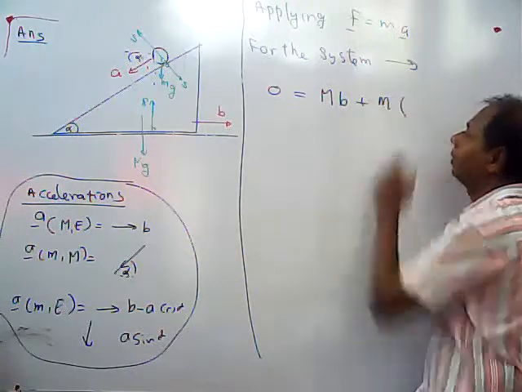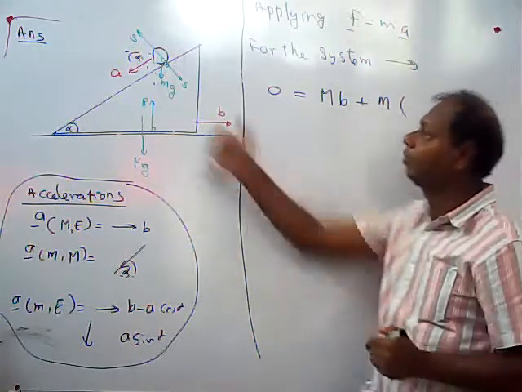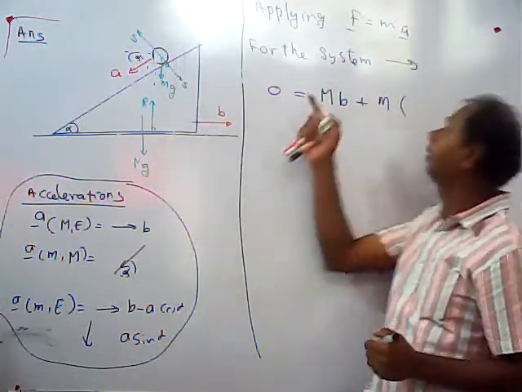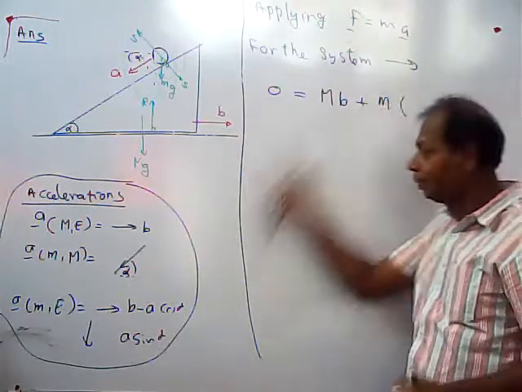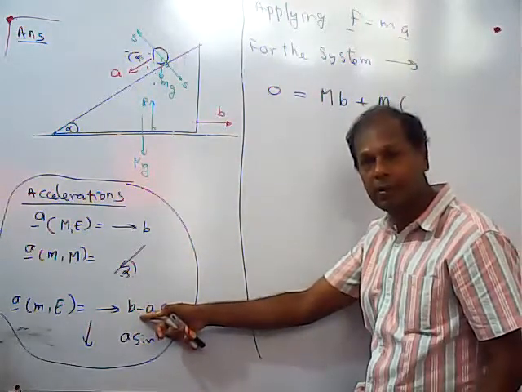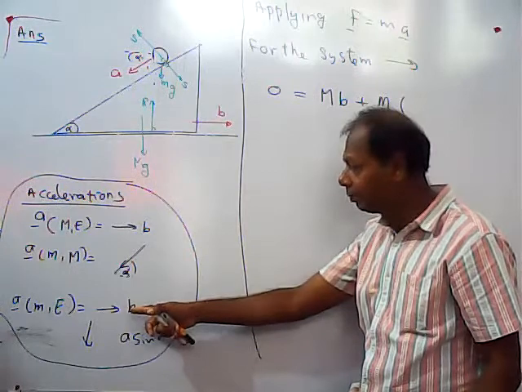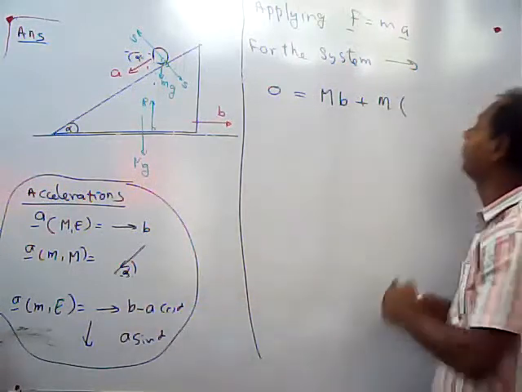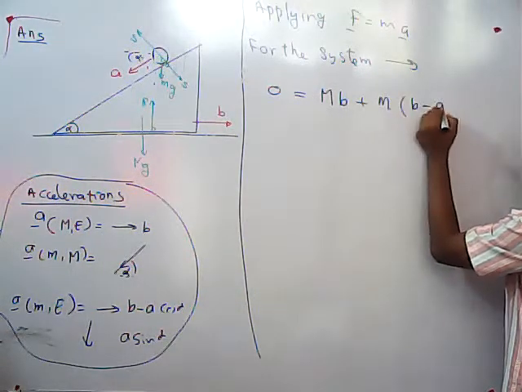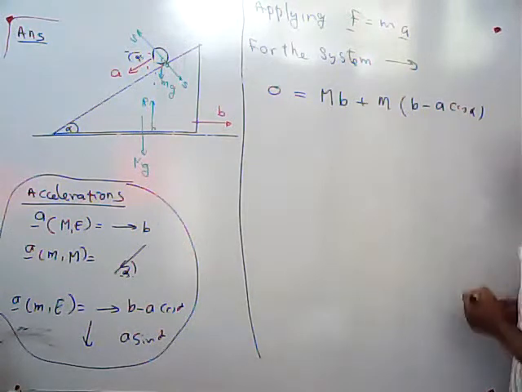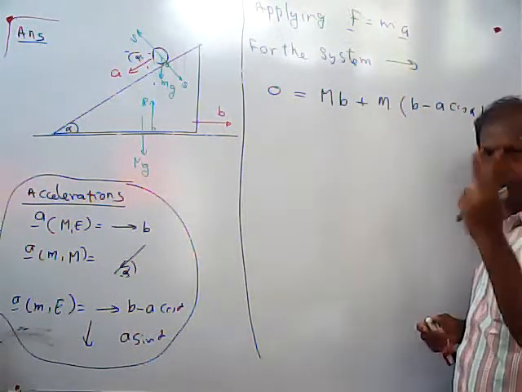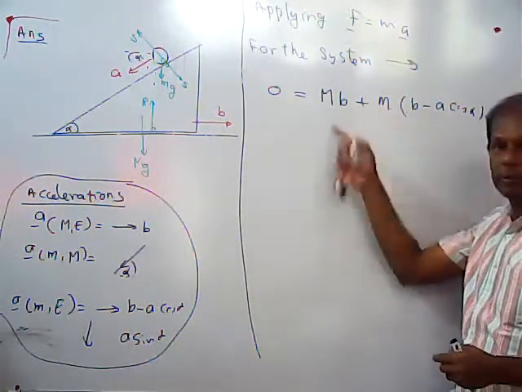The acceleration of the particle in the direction we have chosen is b minus a cos alpha. Two unknowns are a and b, so better we separate them.